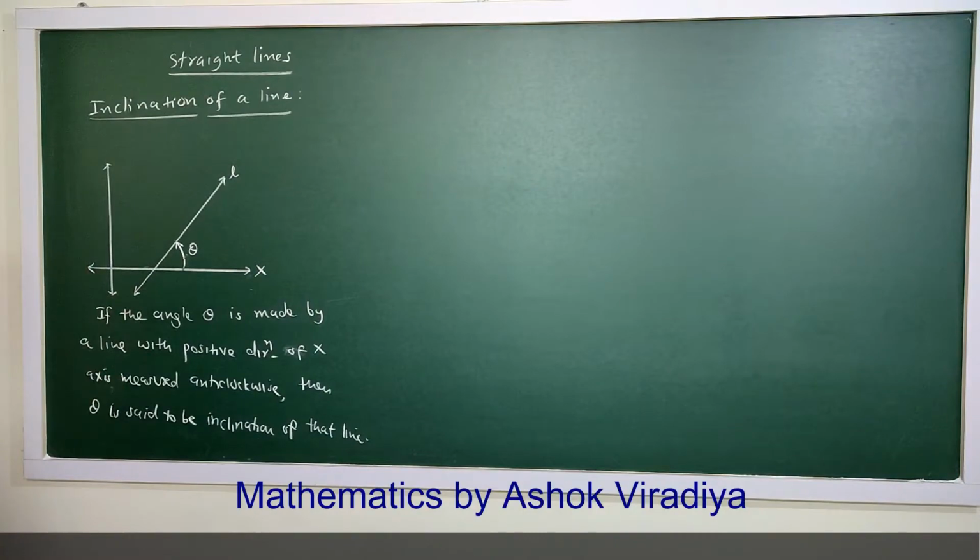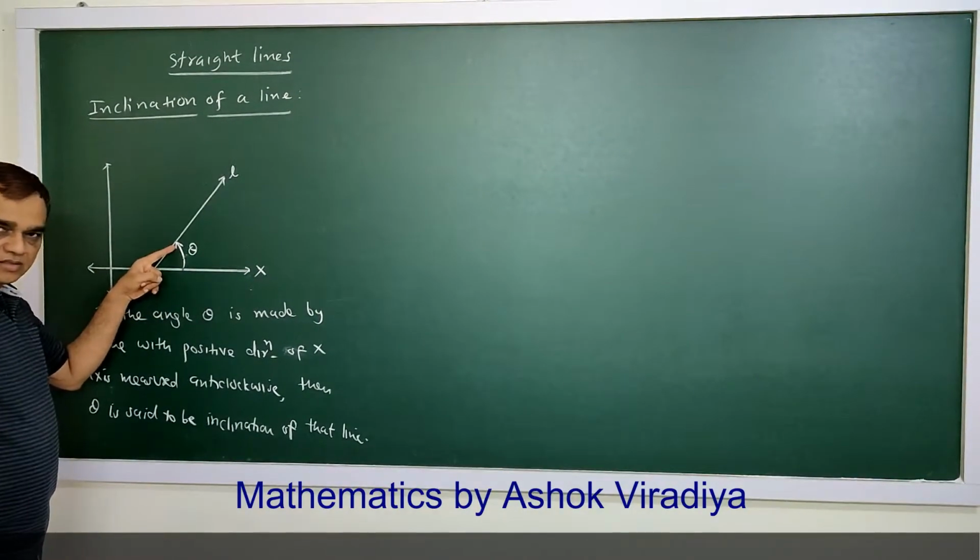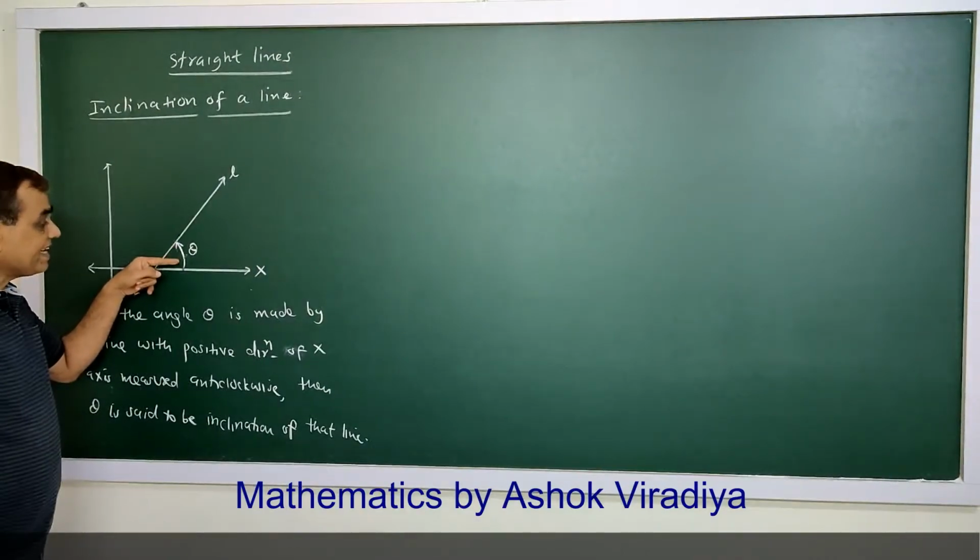So in this diagram, you can see that theta is an acute angle, so its measure is less than 90 degrees.